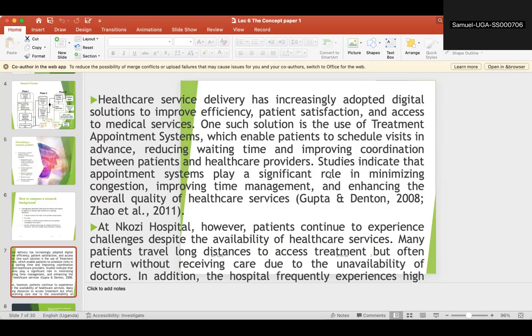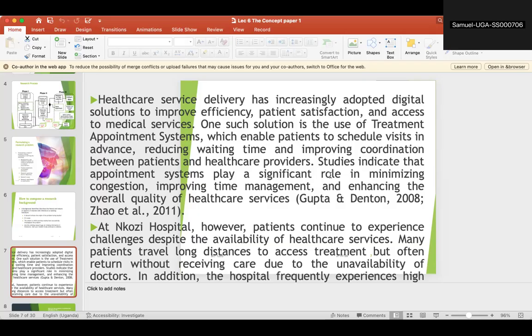Meaning that, okay, that kind of citation you are seeing in the first paragraph indicates there is a publication that was made by Gutta and Denton, 2008. Then another one by Zhao and others. I told you et al. means what?